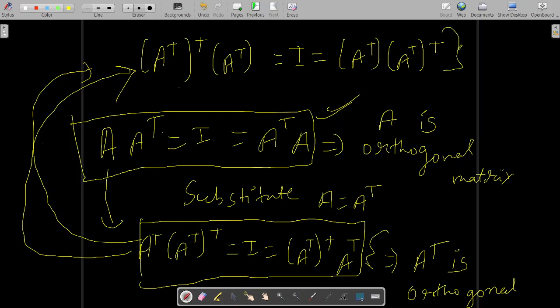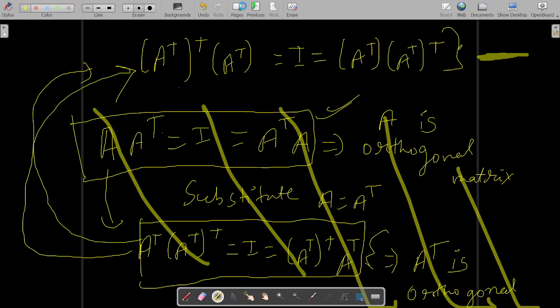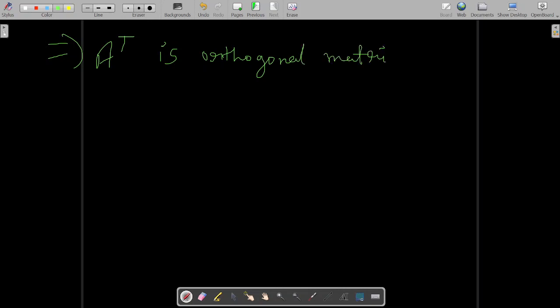Just cut this, this is for explanation. So what inference will you draw? The inference is very clear: A transpose is an orthogonal matrix.